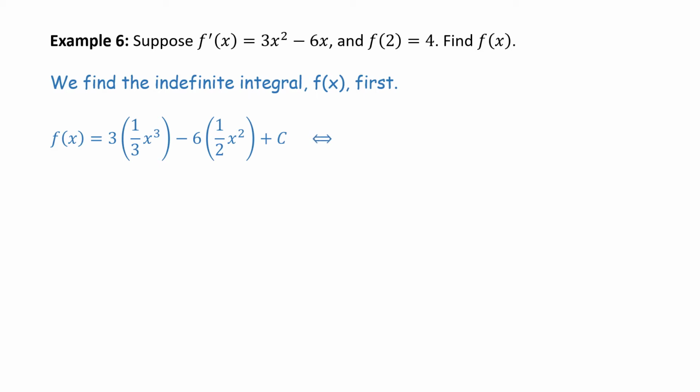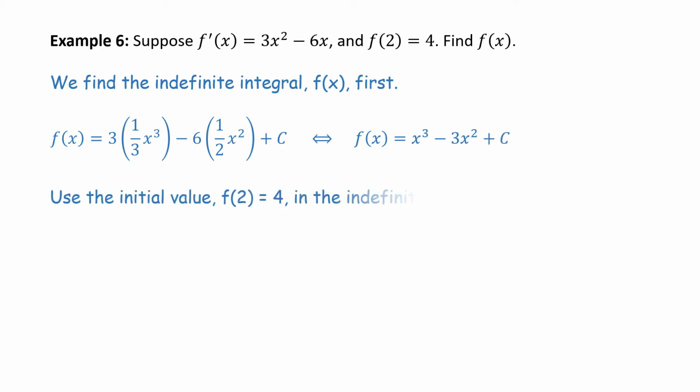Let's simplify that. You'll get f of x equals 3 times 1/3, that's a coefficient of 1, so you've got x cubed minus 6 times 1/2 is 3, so 3x squared plus c.